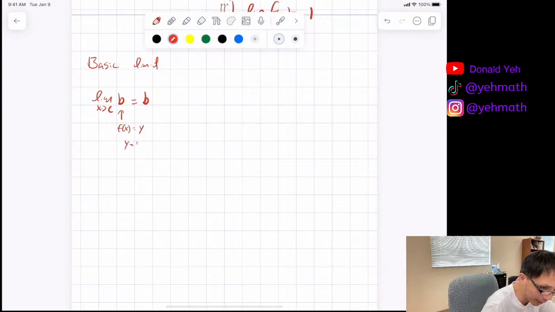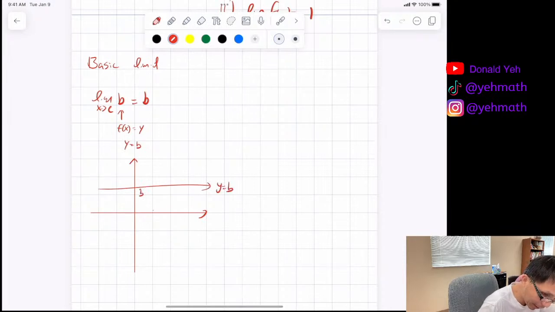That means y is equal to b, which means a horizontal line at b. We don't know what the b value could be, 2 or 3. It's a constant. So let's just say this is b, this is y equals b. It doesn't matter if I reach c here, the output is still b. So that's equal to b. That was a very good explanation. Good job, Alvin.